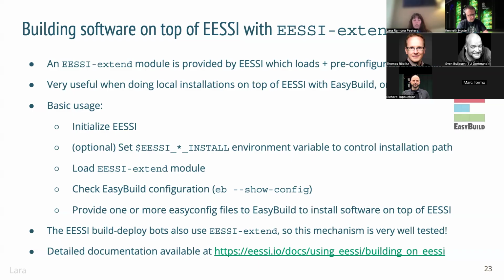You can check out the EasyBuild configuration and see all the configurations that we set in the background. And then once you have set it up, you can start building with EasyBuild with the easyconfigs. The EasyBuild deployables also use EESSI extend, so this mechanism is very well tested. For detailed documentation, you can check out the building on EESSI page.